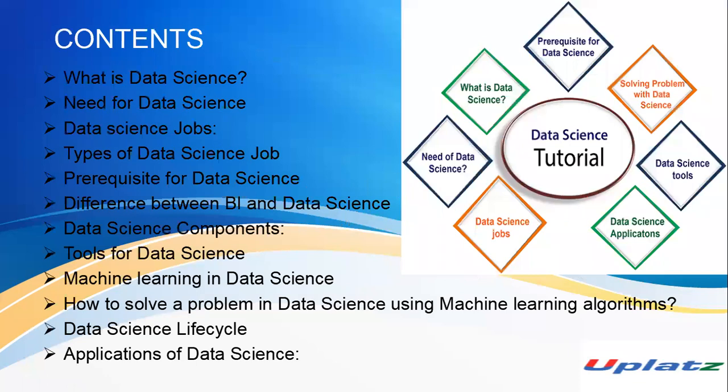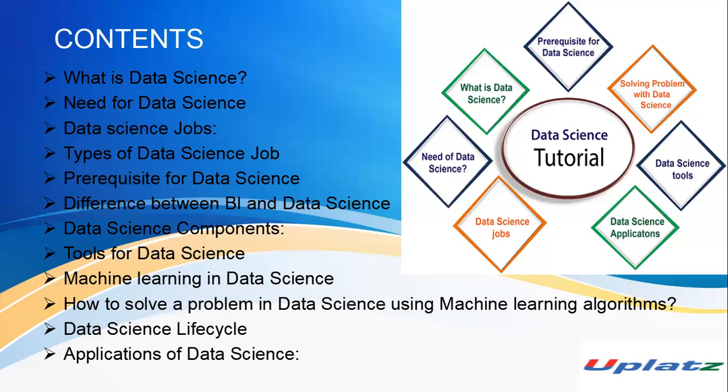Yes, so we are going to cover in short all these contents. We will start with what is data science, what's the need for data science, what are the jobs in data science, then prerequisites, difference between business intelligence and data science, components, tools for data science, machine learning in data science, and how to solve a problem in data science using machine learning algorithms.